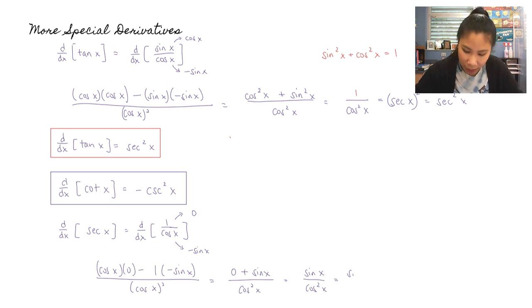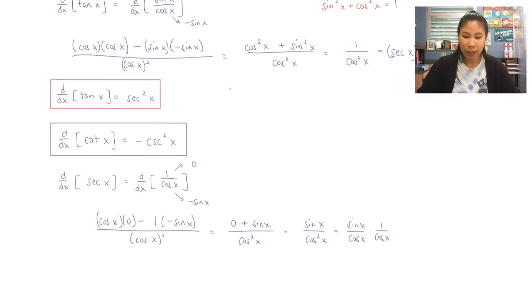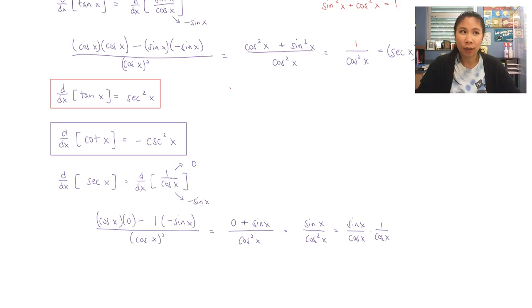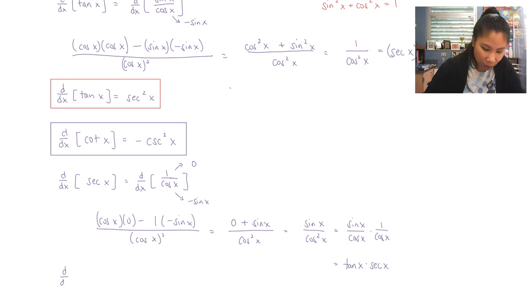I can rewrite this as sine x over cosine x times 1 over cosine x, kind of like how we were splitting up our limits before. Because sine over cosine is just tangent. 1 over cosine is just secant. So that means the derivative of secant x is tangent x times secant x.